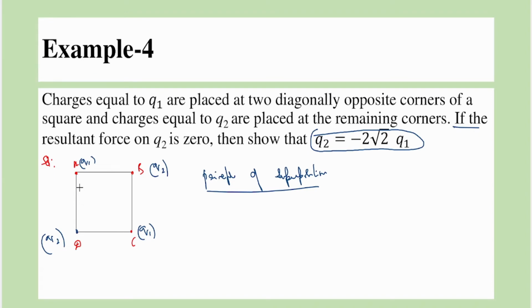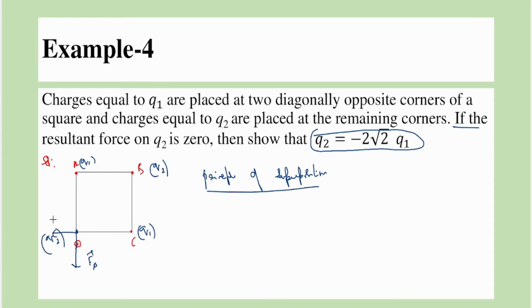Since we assume all four are of the same polarity, that is all four are positive, A would push D away. This is one force, call it F suffix A. Similarly, the Q1 at point C will push D again like this.